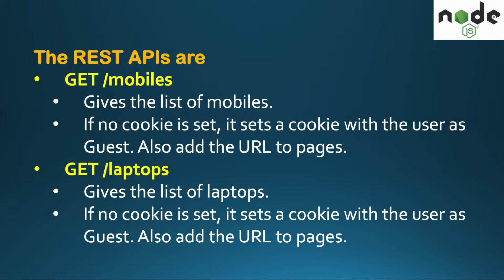If no cookie is set, it sets a cookie with the user as guest and also adds this URL to pages. GET /laptops gives the list of laptops and, similar to mobiles, if no cookie is set, it sets a cookie with the user as guest and also adds the URL to pages. Let's first implement these two APIs and then we will implement the other parts of this exercise.